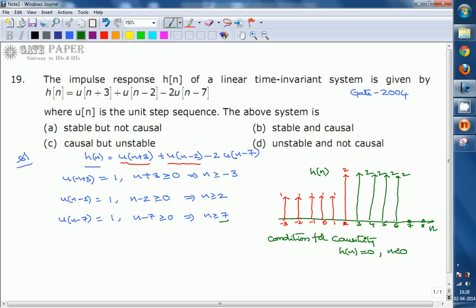This is the condition for causality. By observing that this h of n has amplitude values for n less than 0, this is not satisfied. So we can say that the given system is non-causal. Now we'll go for verifying the stability of the system.